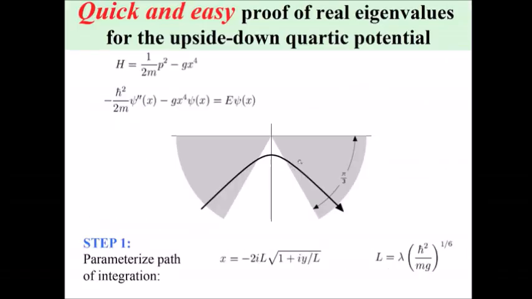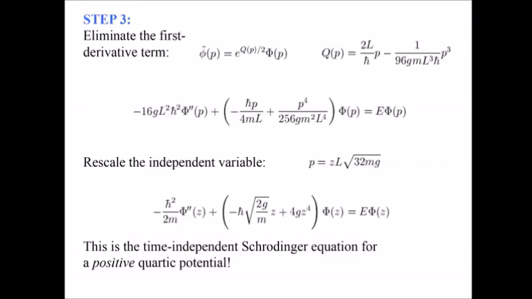We began with a negative quartic potential, and just by changing variables, I end up with a Schrodinger equation that has a positive quartic potential and also a linear potential. Now, the linear potential is negative, but I don't care about that, because a quartic potential is much bigger than a linear potential. So the potential is a rising potential, and it has a positive spectrum. And that's the proof.